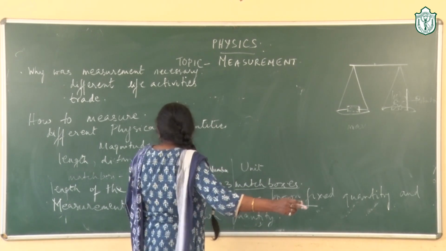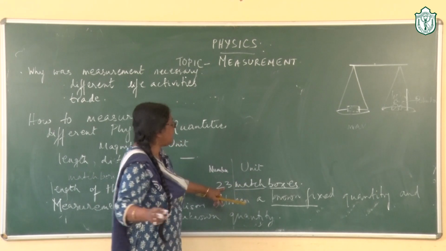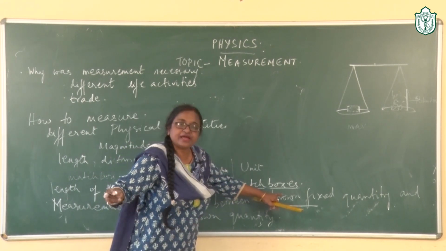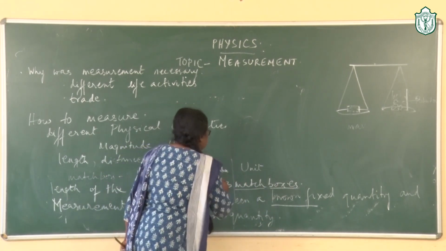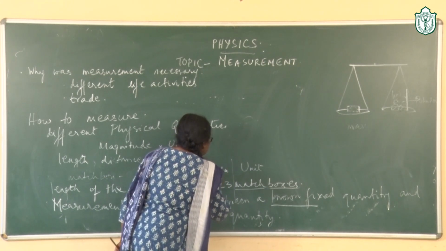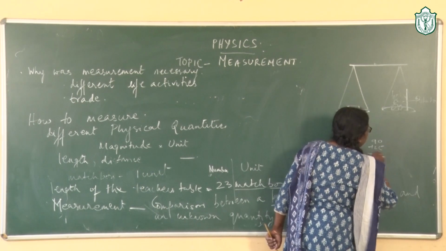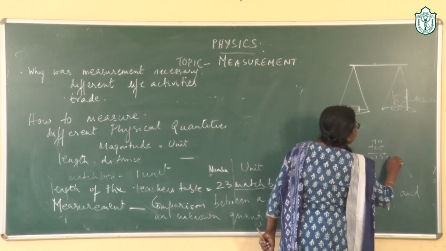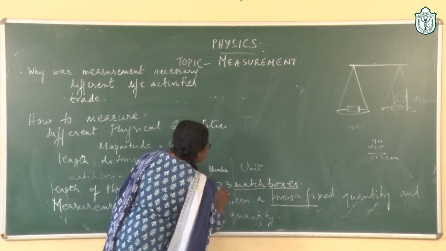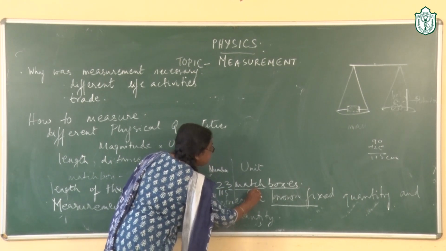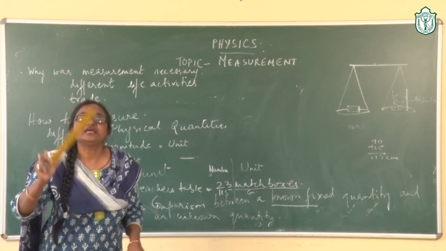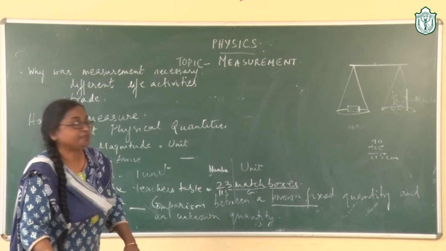So the length of the table in terms of matchboxes was 23 matchboxes, and here it was 90 plus 25, 115 centimeters using your ruler.